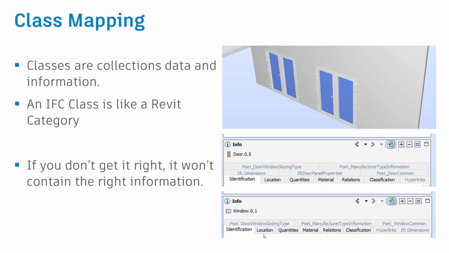So you can think of classes, or IFC classes, like categories inside Revit. It does extend a lot further than that, but in the very simplest sense, that's a good way to think about it. And if you don't define these classes correctly when you're exporting out to IFC, then the information you're actually exporting won't necessarily be the information you want to export.